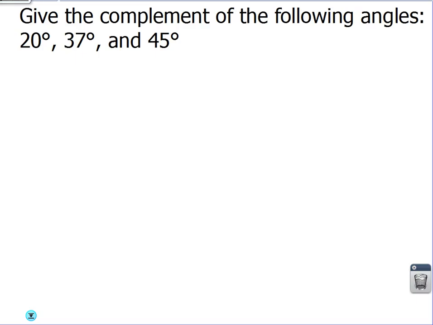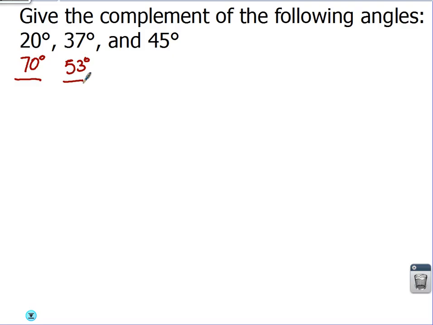Jordan, what's the complement of 20? How do we find it? It has to add up to 90. Subtract it from 90. Good. So 90 minus 20 gives me 70. Good. 20 and 70 is 90. Sierra, what's the complement of 37? Perfect.